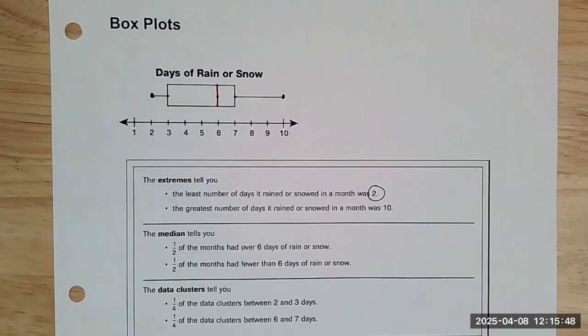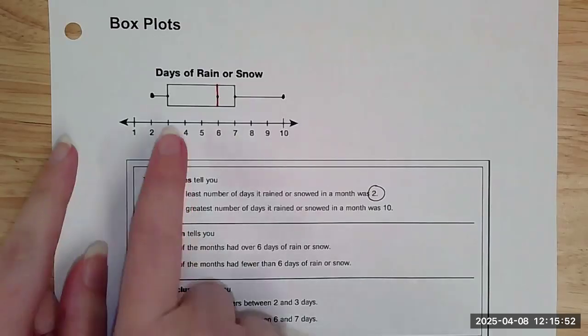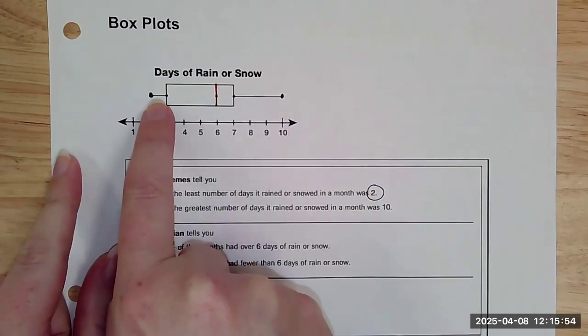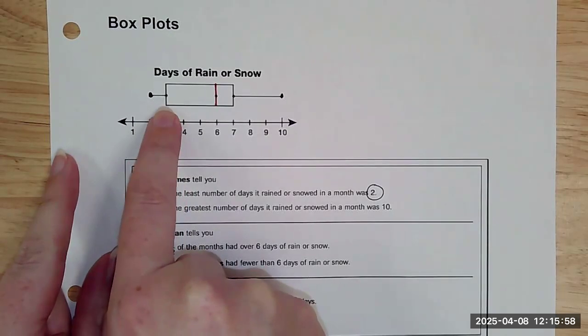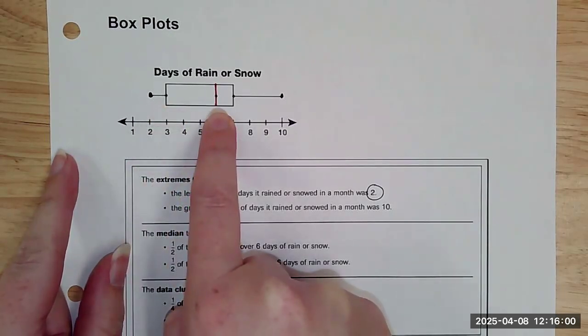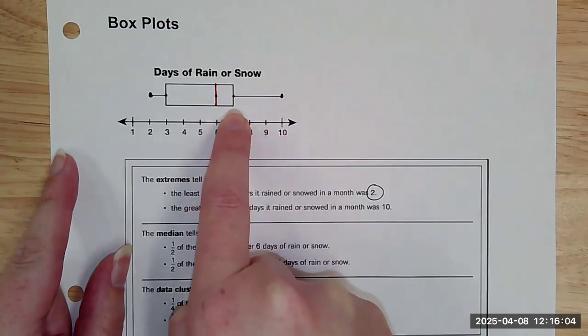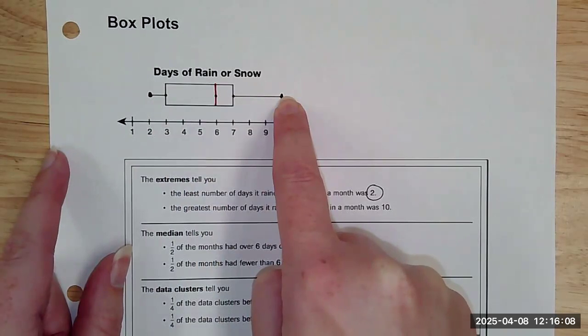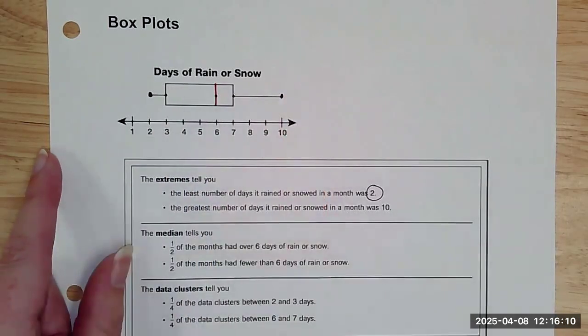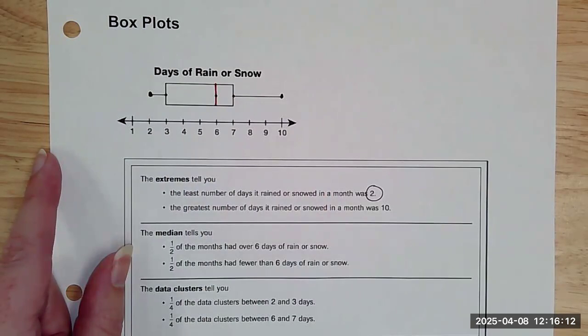The data clusters are always going to be kind of distinguished by the whisker, and then where the whisker hits the edge of the box, then the edge of this box to the median, then the median to the other end of the box, and then the other end of the box to your greatest value. Each of these represents 25% of the data.